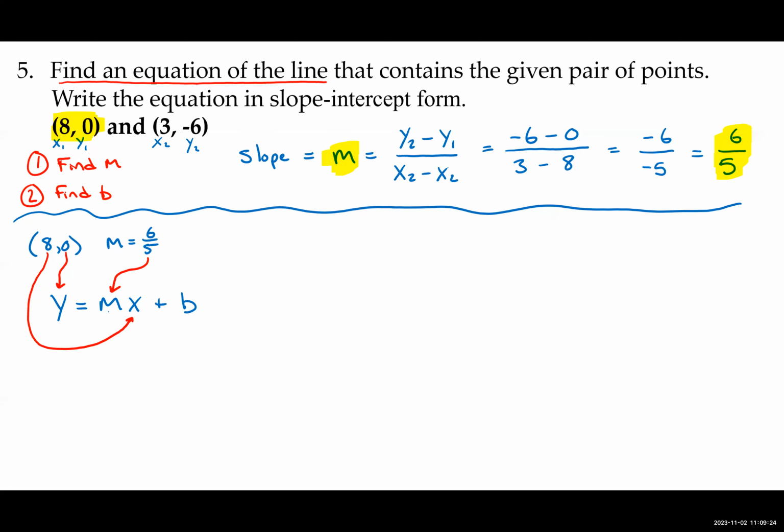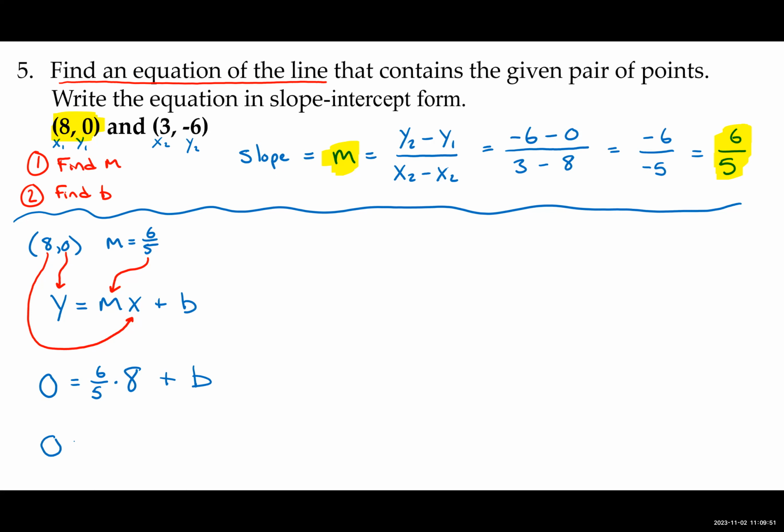So instead of y equals mx plus b, we'll use 0 for y, 6/5 for m, 8 for x, and then plus b. Now, solve for b. We've already solved for m, now we got to solve for b.